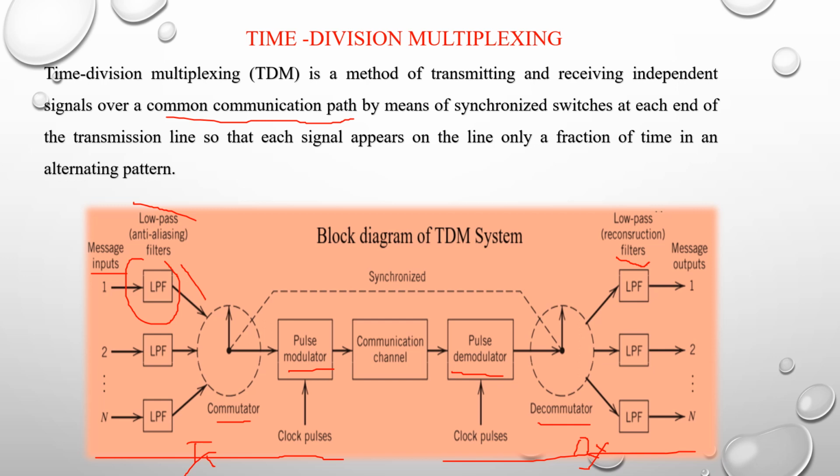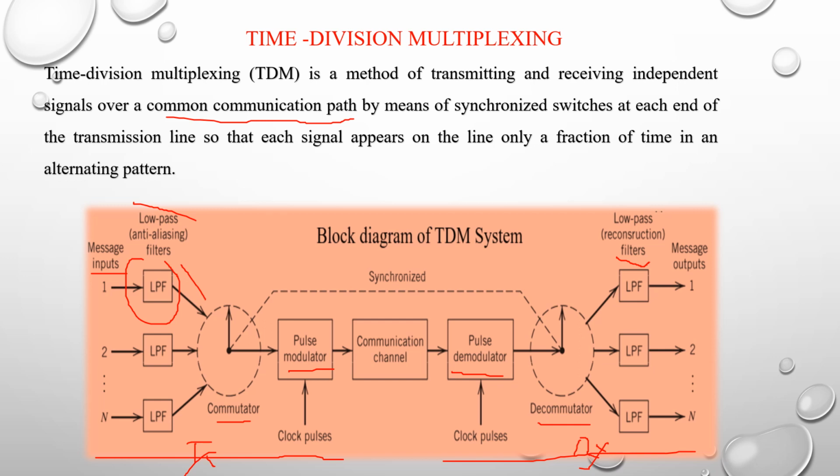This commutator circuit converts the number of inputs into a single output. So this is the multiplexed output. The multiplexed signal is then applied to the pulse modulator, the purpose of which is to transform the multiplexed signal into a suitable form for transmission over a common channel.